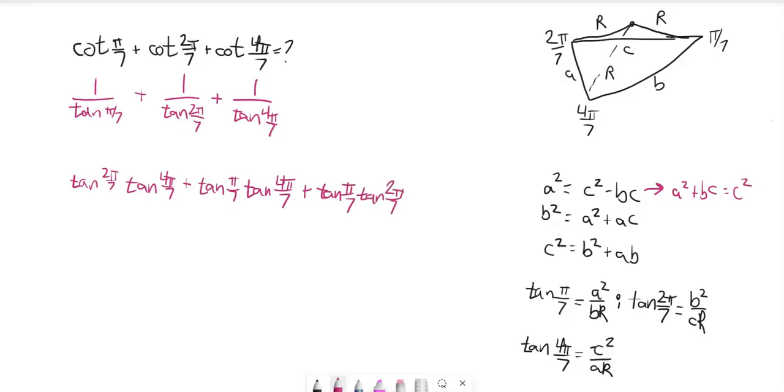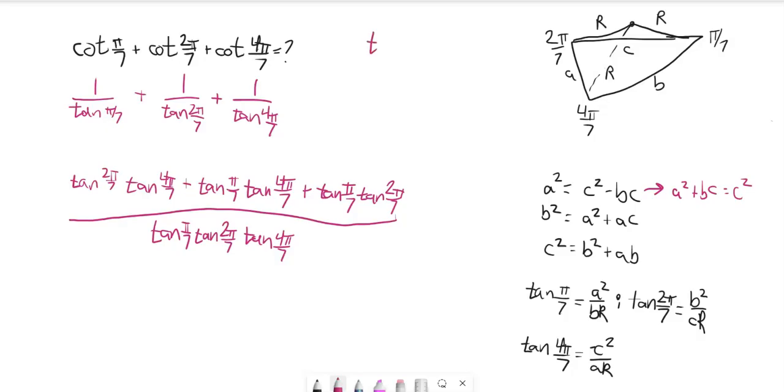That's the numerator, because that is what happens after we find the common denominator, and we get the tangent of pi over 7 times the tangent of 2 pi over 7 times the tangent of 4 pi over 7.